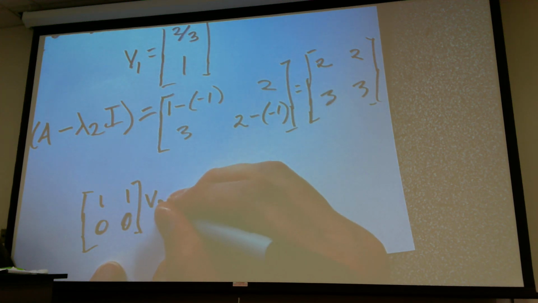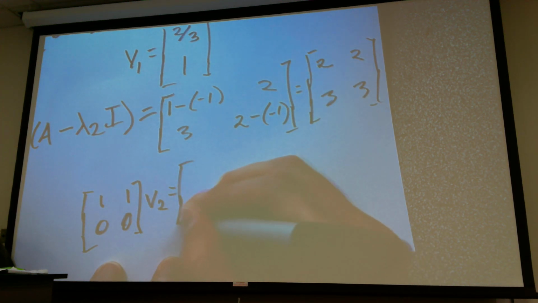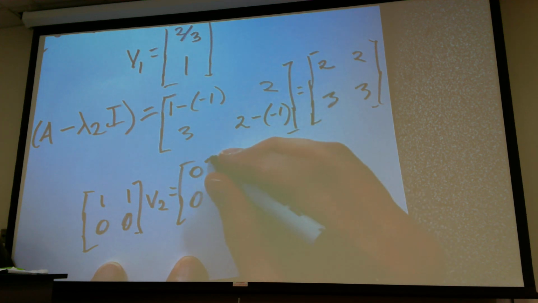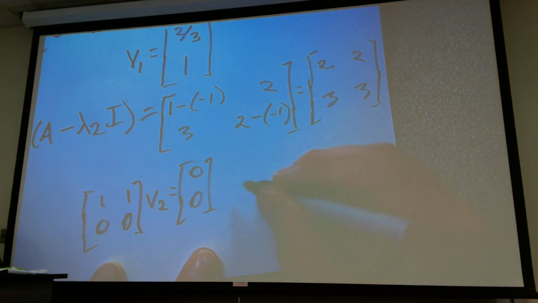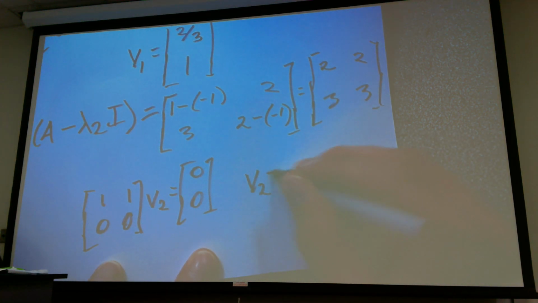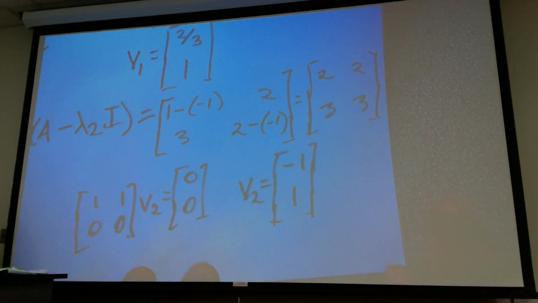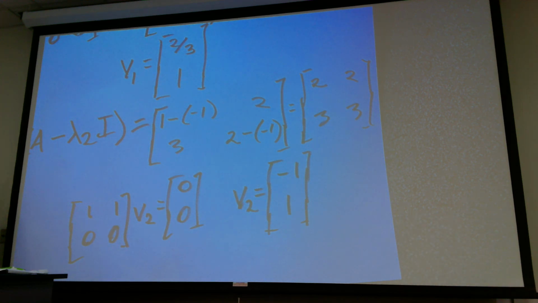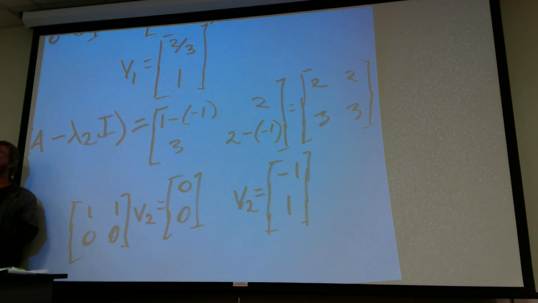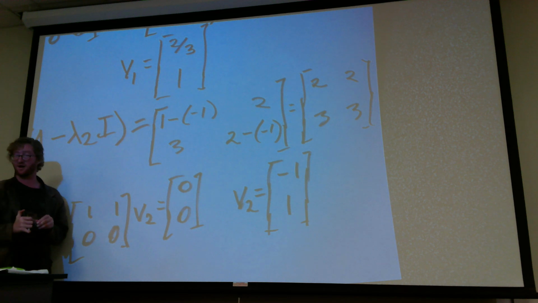Now acting upon V2 is supposed to equal 0 and 0. Right? That tells me that my V2 is going to equal negative 1, 1. Okay. So, great. I got both of my eigenvalues, and the eigenvectors that are associated with the eigenvalues.